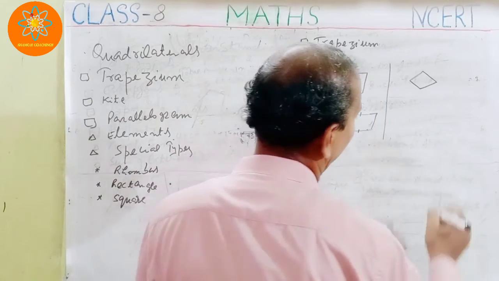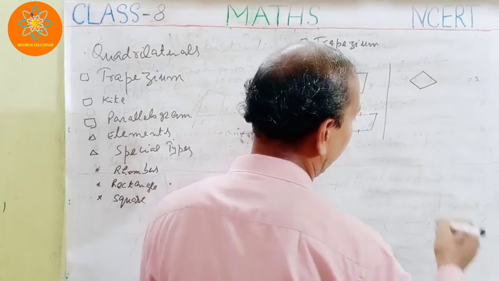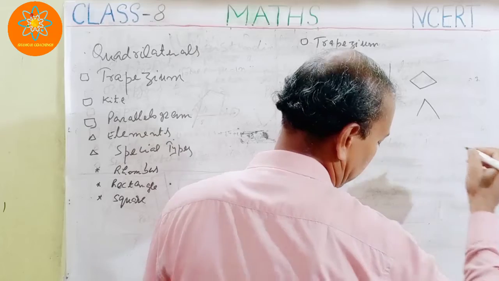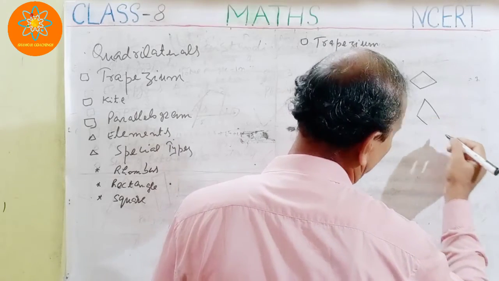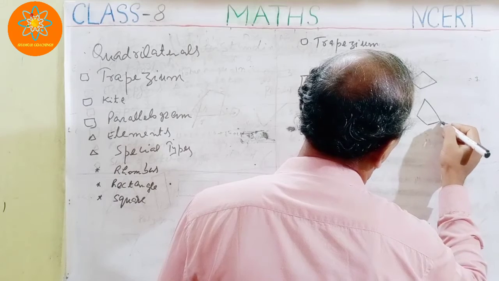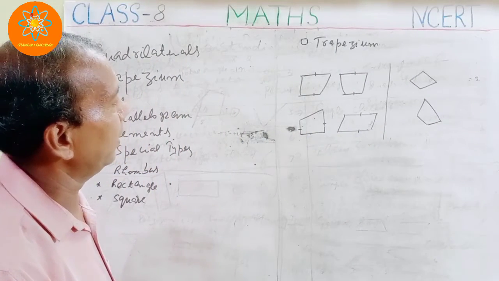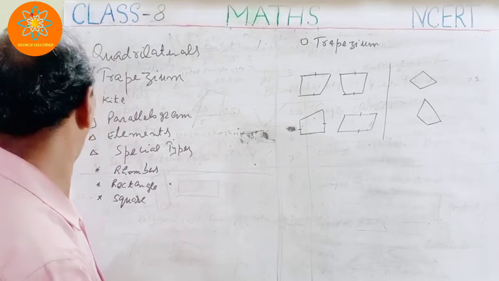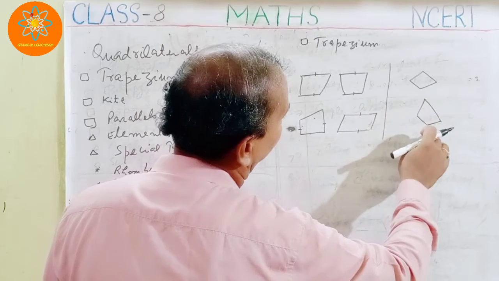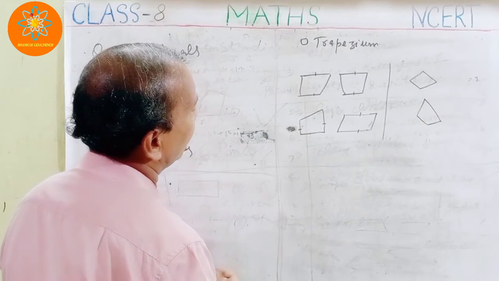Then I have one like this, simple. This is also not a trapezium. So in the trapezium, one pair of sides is parallel. You see this one, no parallel side is here.